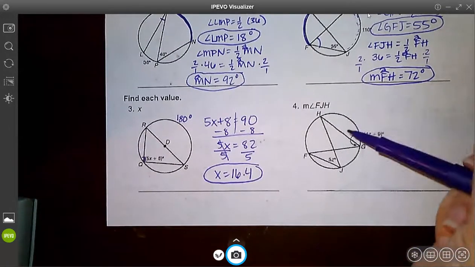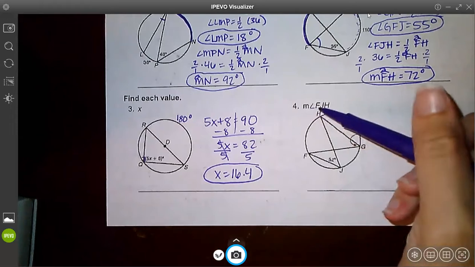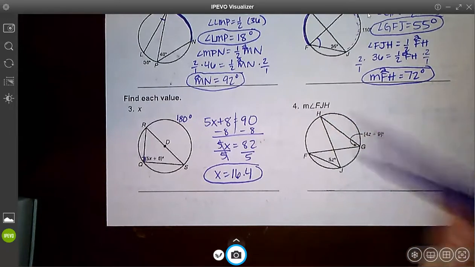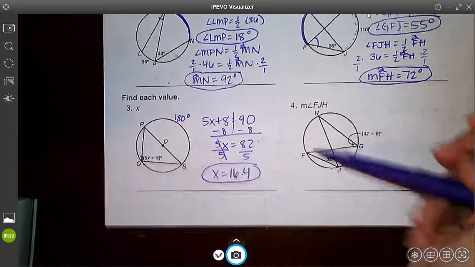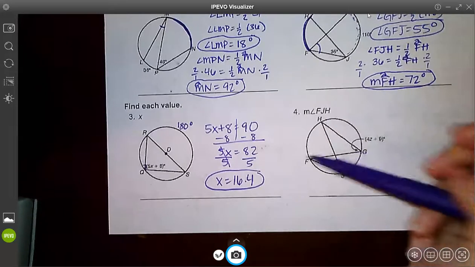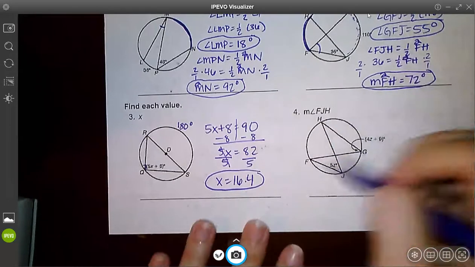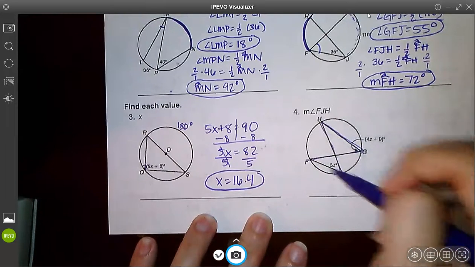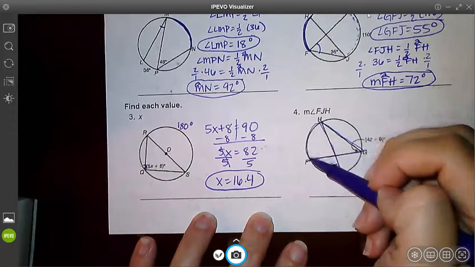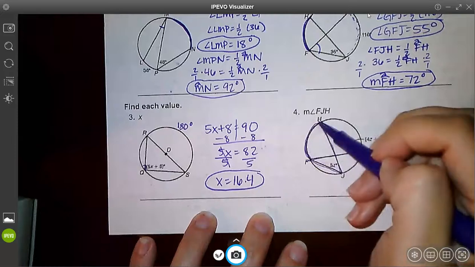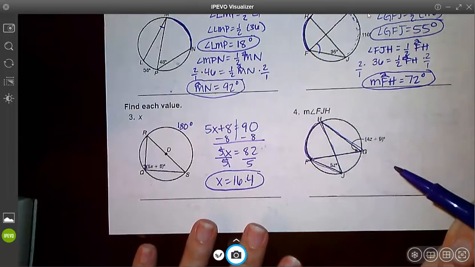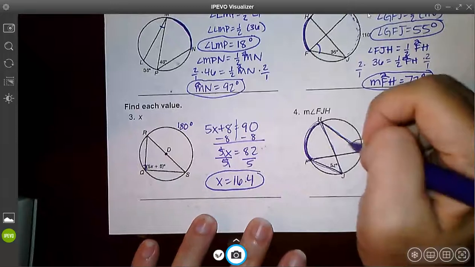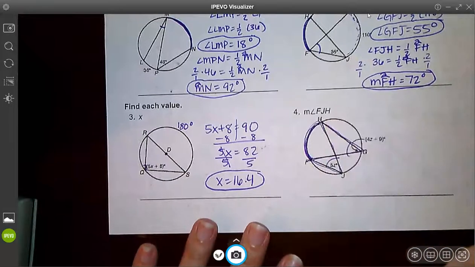The next one, this one says find the measure of FJH. So in order to find that, we have to find z. Well, we've got two inscribed angles here with no measurements, but because both of these angles, FGH and HJF, subtend the same arc right here, okay, so they intercept the same arc, FH, that means this angle and this angle have to be congruent.